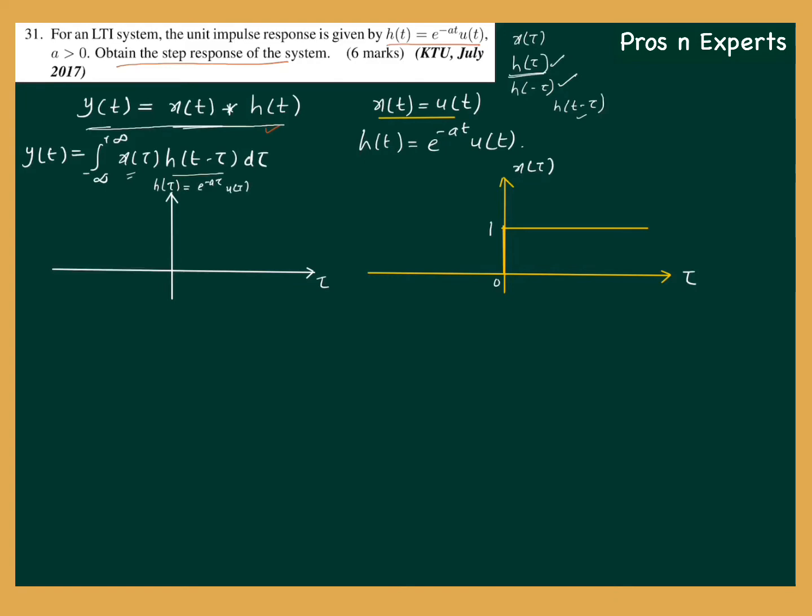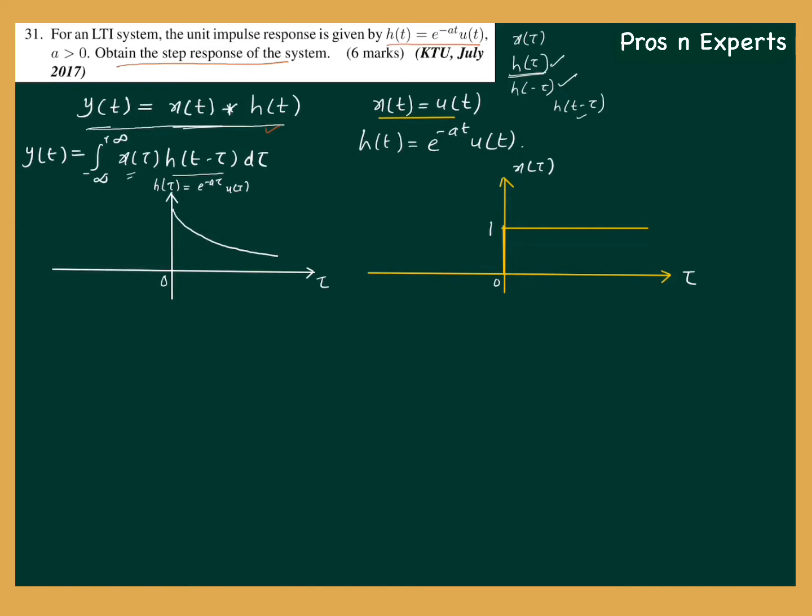Since a is greater than 0, as given in the question, this is a decaying exponential signal, which is only right-sided because it is multiplied by u of t. So this is h of tau.